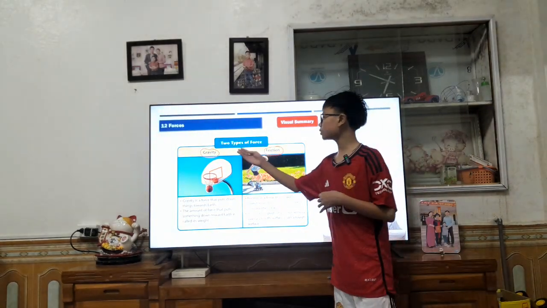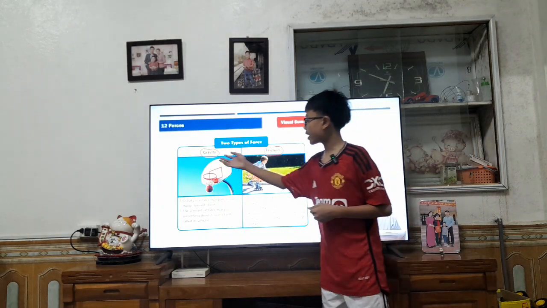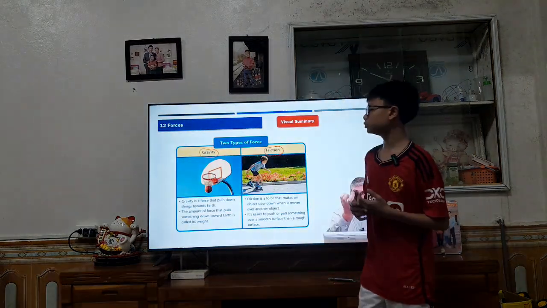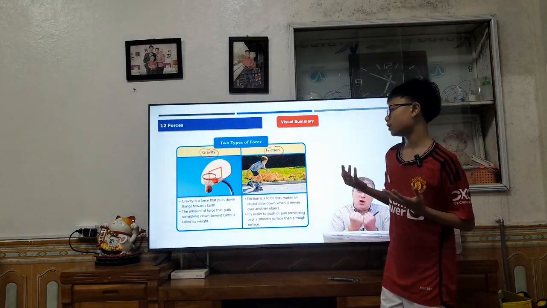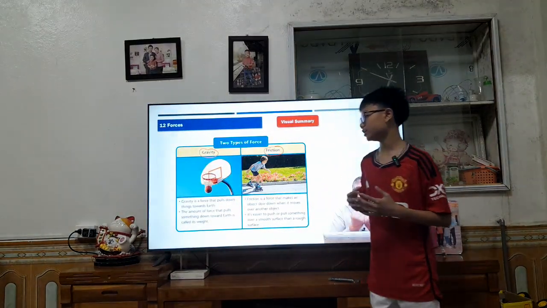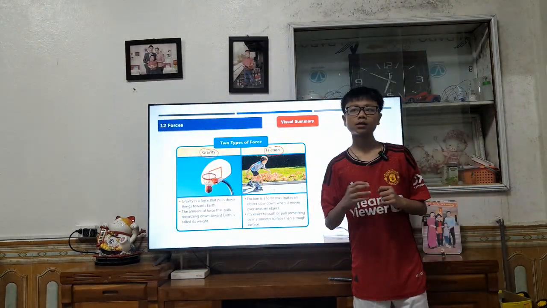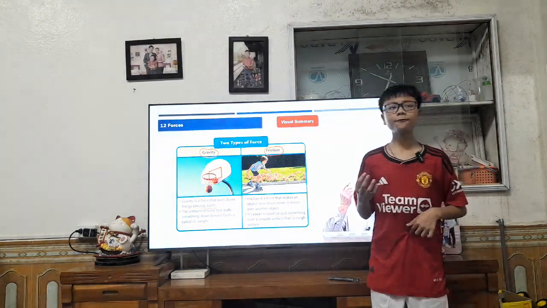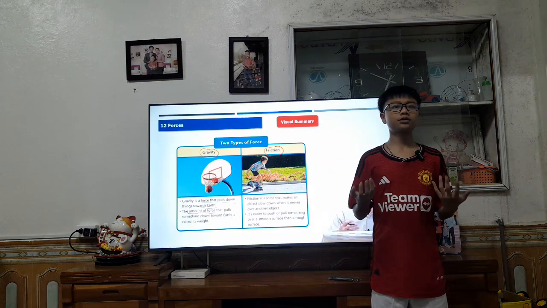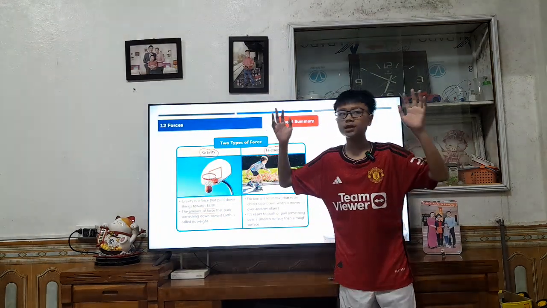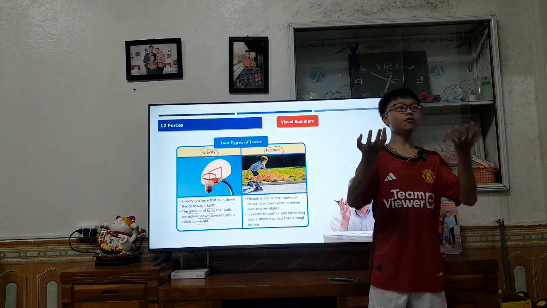So now I talk about two types of force. Gravity is a force that pulls things down toward the earth. The amount of force that pulls something down toward the earth is called weight. So what does that mean? If something is so light, it cannot be pulled back, it just moves higher.